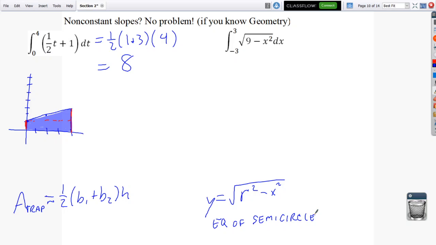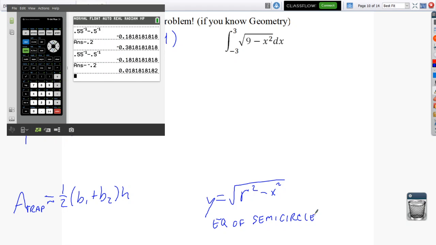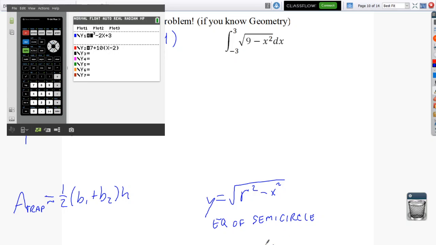What happens if I don't remember that that's the equation of a semicircle? Well, why don't we just grab the calculator? I can go into my y equals menu and clear out these two.